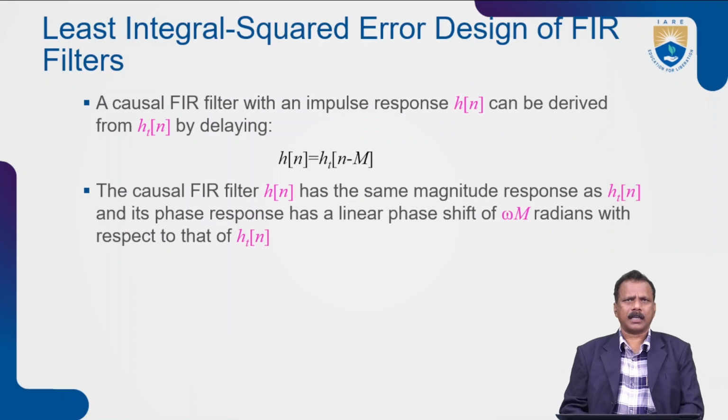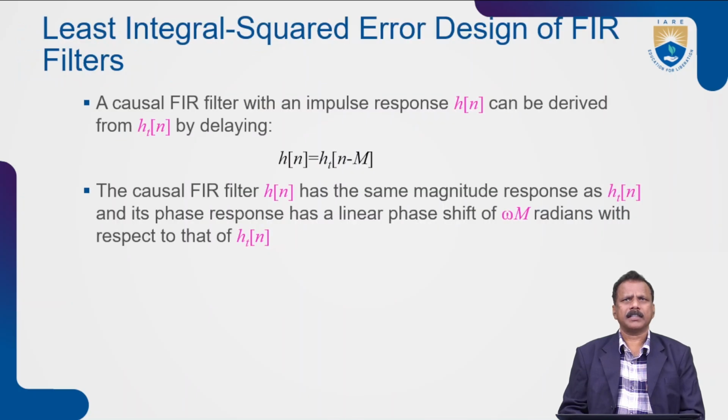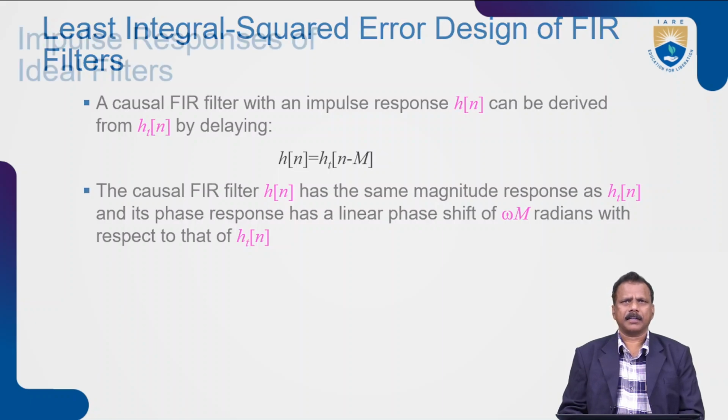The causal finite impulse response FIR filter h(n) has the same magnitude response as sT(n), and its phase response has a linear phase shift of omega M radians with respect to that of sT(n). With this, we try to design the least integral square error FIR digital filter.